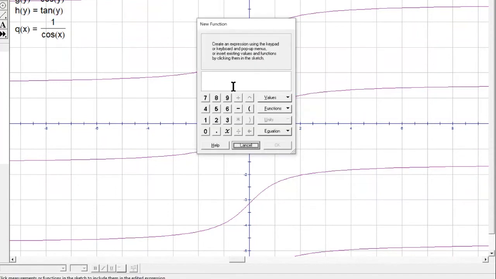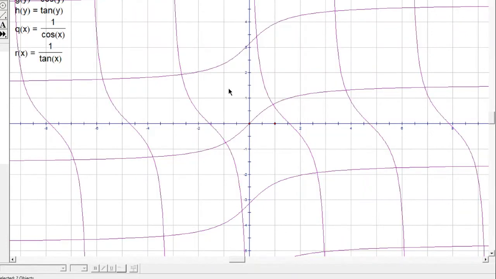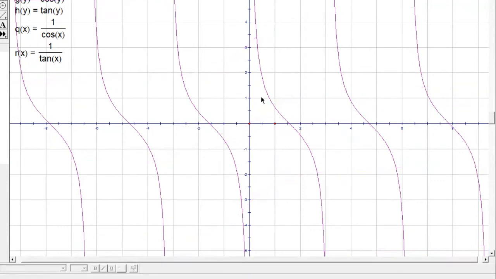If I graph 1 over tangent, I'm going to hide this thing. This is not really tangent x flipped over. There's a phase shift because the location of your vertical asymptotes tell you. It used to be at pi over 2 plus k pi. Now it's at 0, pi, 2 pi, negative 2 pi. You get it? So the location of vertical asymptote is just at k pi. You know what I'm saying?